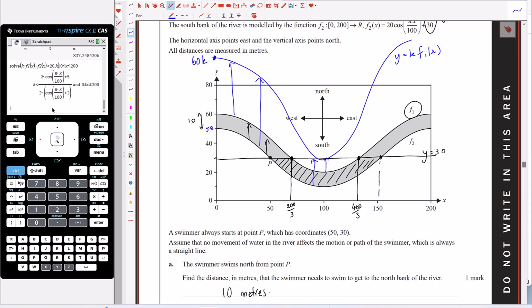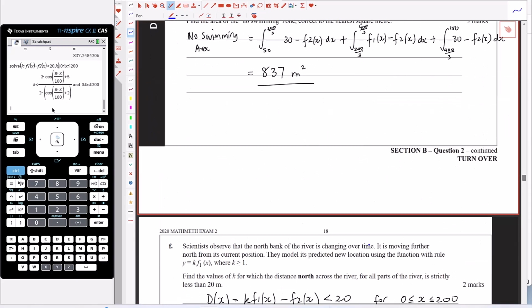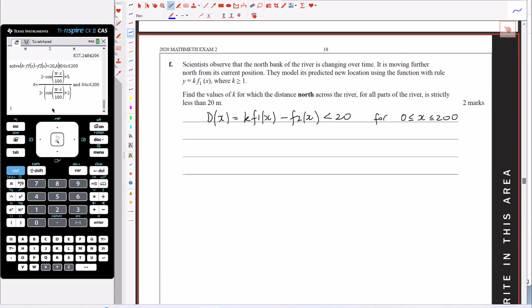So I actually just need 60k minus 50 to be less than 20, which means 60k has to be less than 70. So k has to be less than 70 on 60, which is less than 7 on 6.